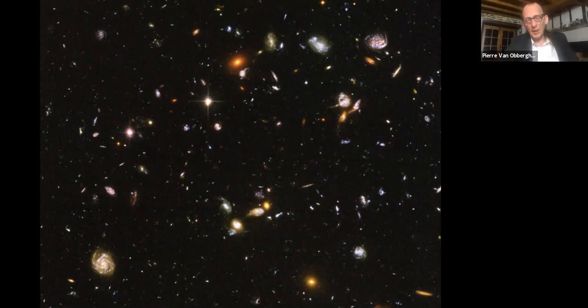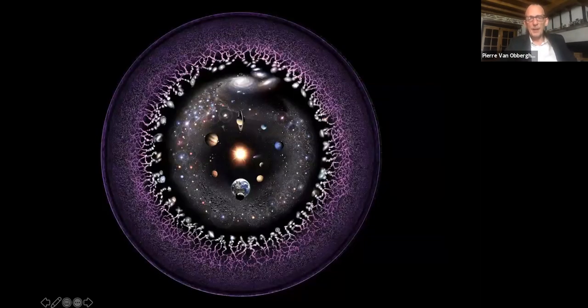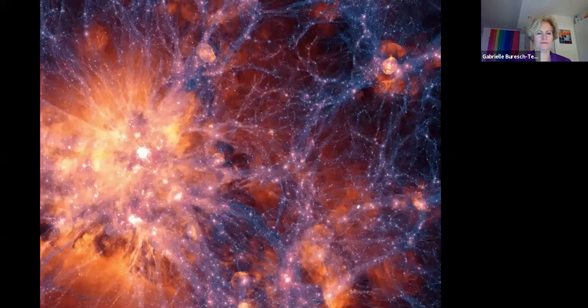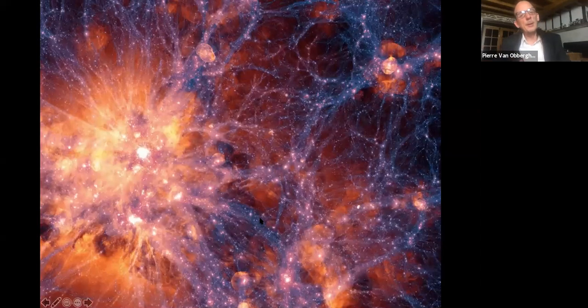But if you go farther and farther, here is the center of the universe. Here is our planet, Jupiter, Saturn. Then we come to our galaxy, the Milky Way, and all those galaxies arrange themselves into what we call cosmic filaments.